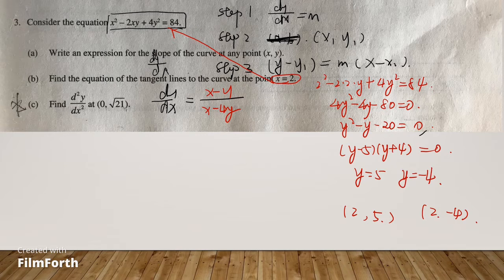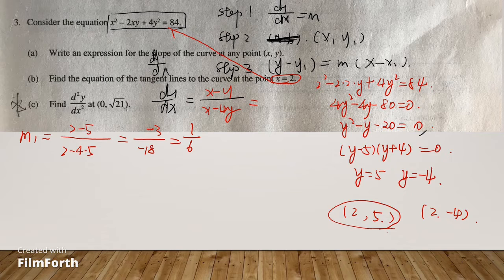Okay, next. So we plug in the first point. So the first slope is equal to 2 minus 5 over 2 minus 4 times 5. So it's negative 3, and 2 minus 20 is negative 18. So which is 1 over 6.